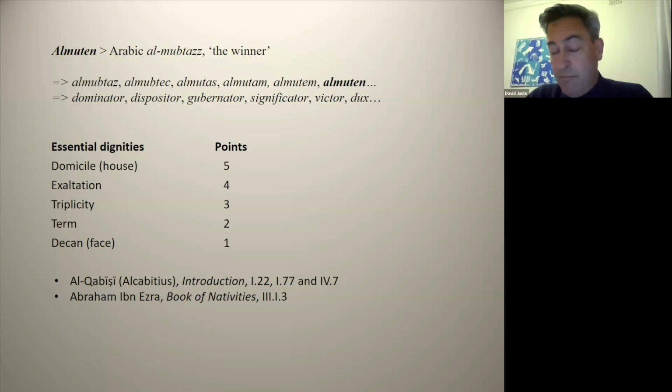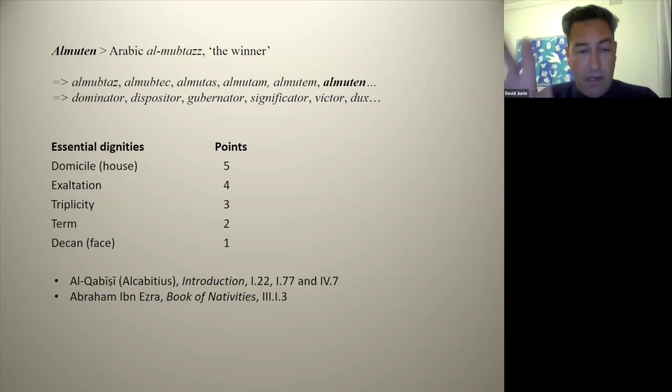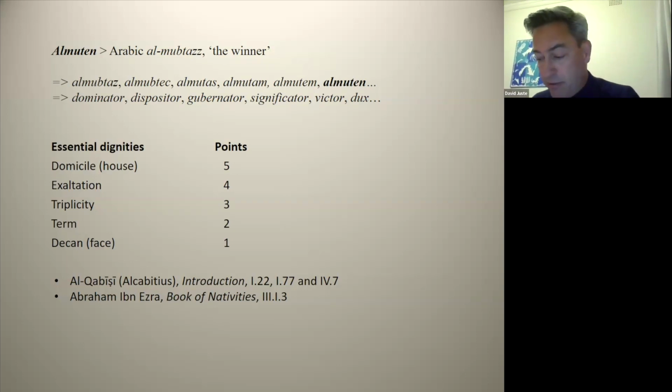Of that book, there are multiple Latin translations. So yes, it is part of the title, but I'm talking here about the Latin tradition of the Middle Ages and the early modern period, and not the Arabs.